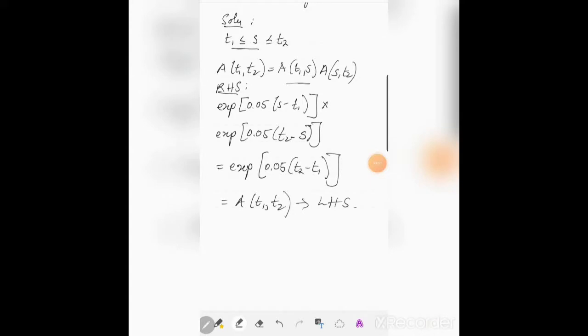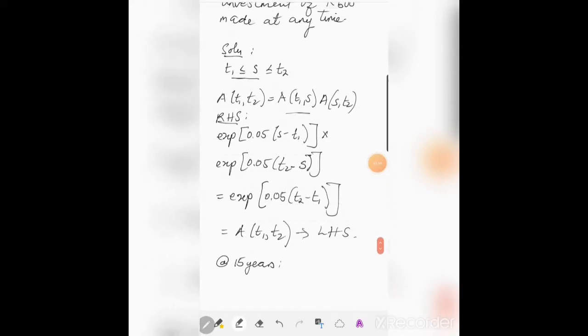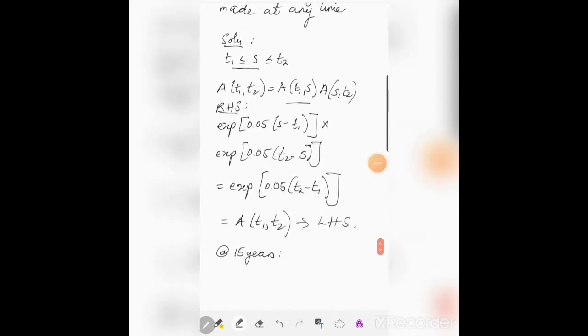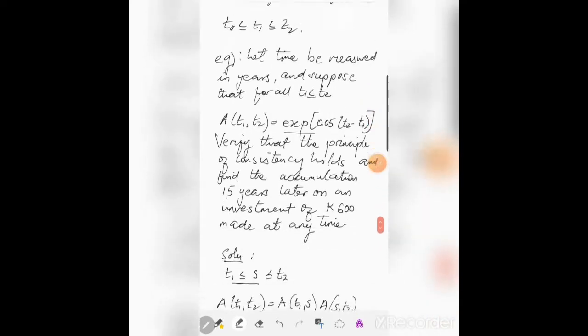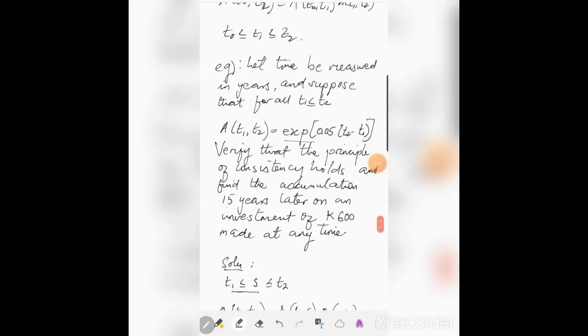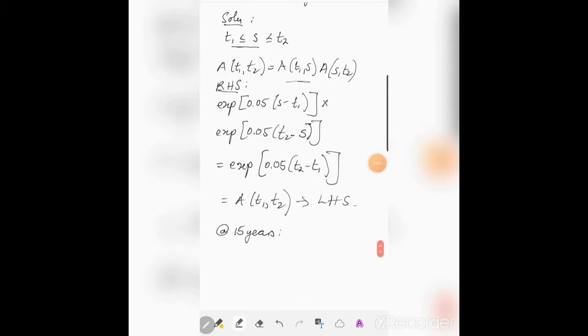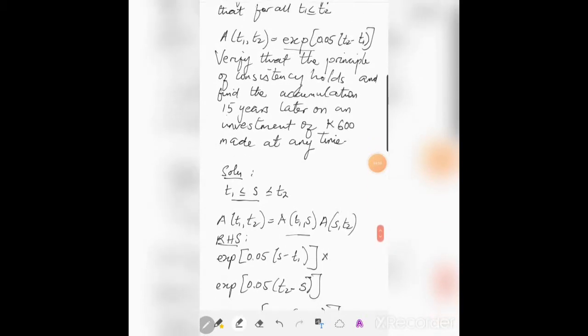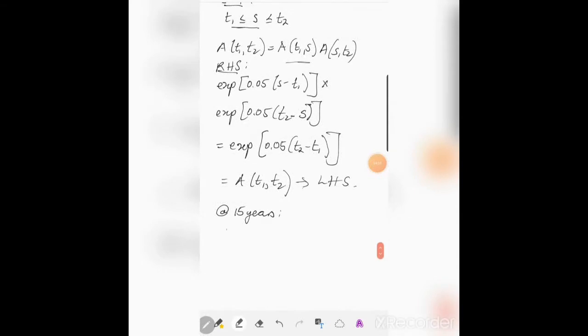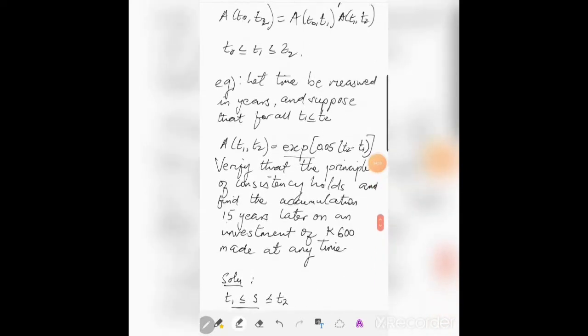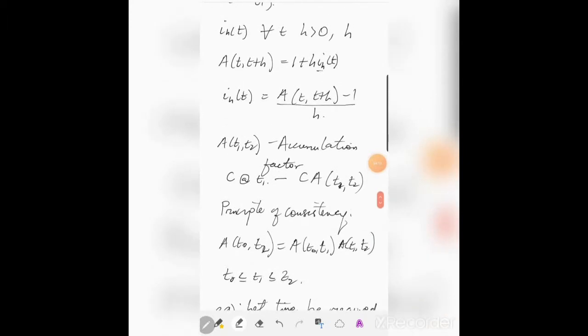Then we also need to find the accumulation 15 years later of an investment of 600 kwacha. So how do we do this? Our time period here is 15 years, and from the question we get the accumulation from this expression.